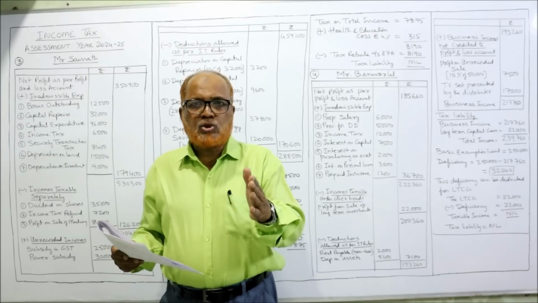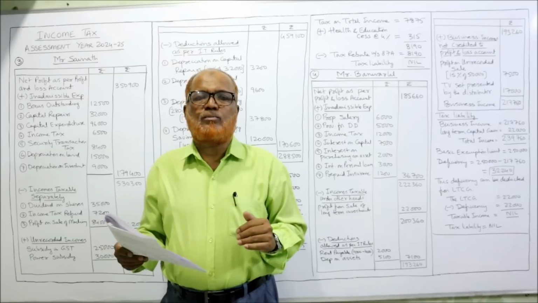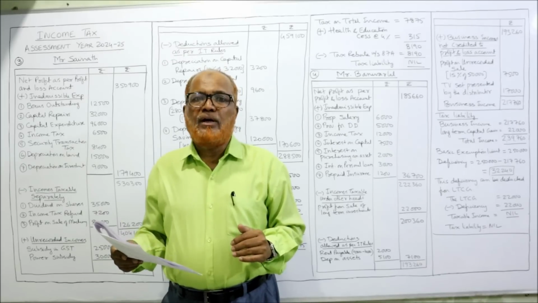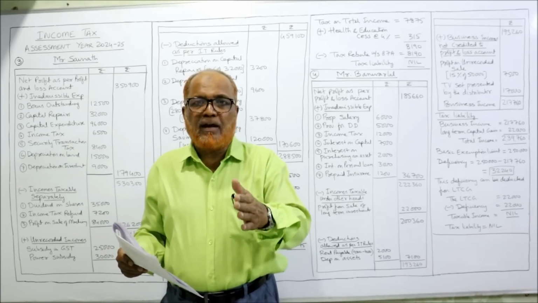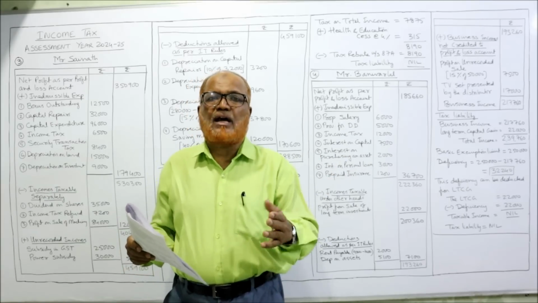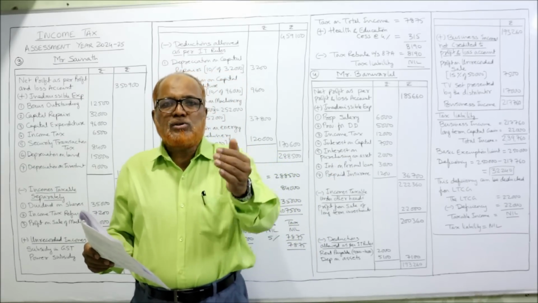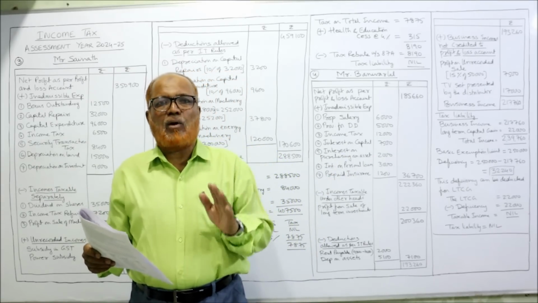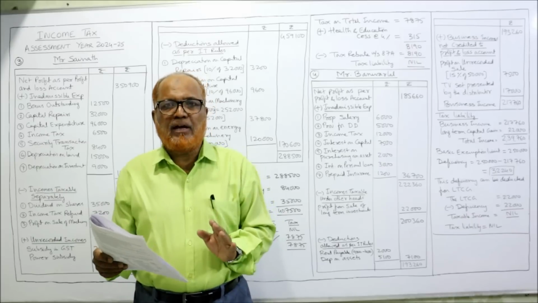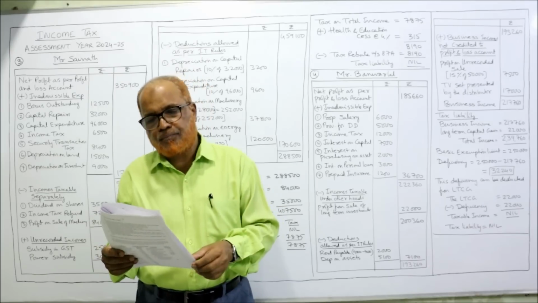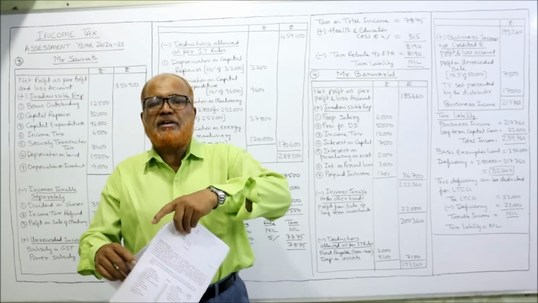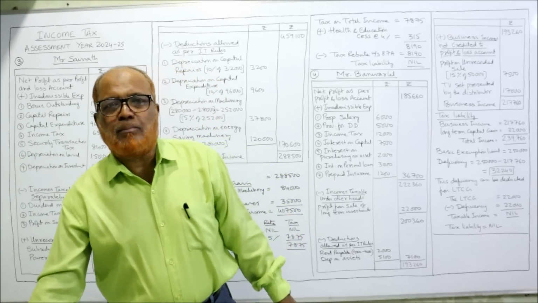So every month means 12 months. 2,000 into 12, it comes to 24,000. But 24,000 is not paid in one lump sum amount. It is paid in 12 installments. Every time only 2,000, and 2,000 is below 10,000. It is allowed as deduction. So nothing should be done regarding the payment in cash. Monthly 2,000.